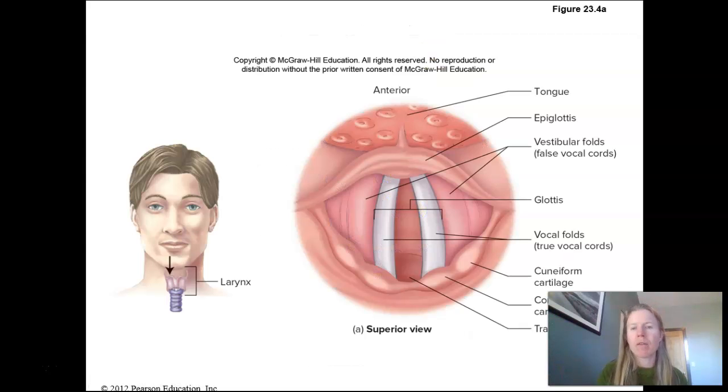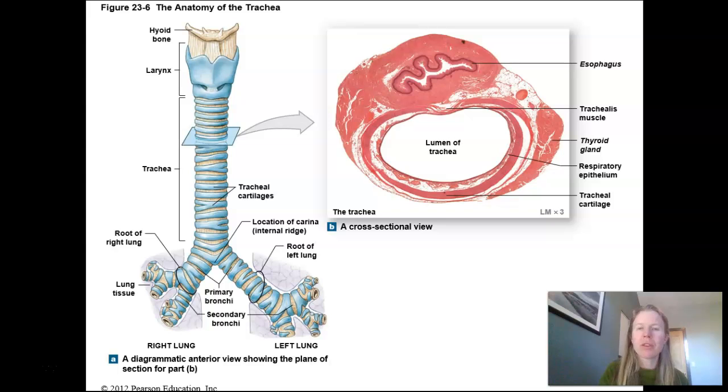Right, and so then that's the view kind of looking down, right? If you put a scope down someone's into their larynx, right, you'd actually be able to see those vocal folds. So again, air has to kind of squeeze between them, and so you can change the pitch on how tight those are. Okay, moving on.